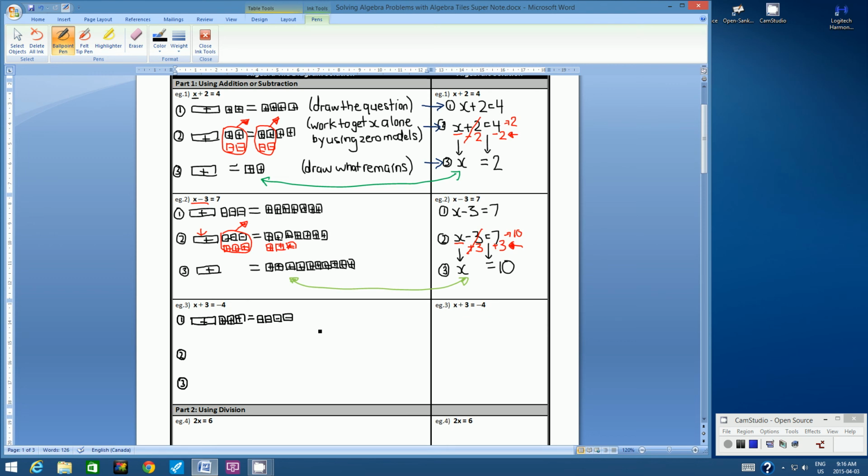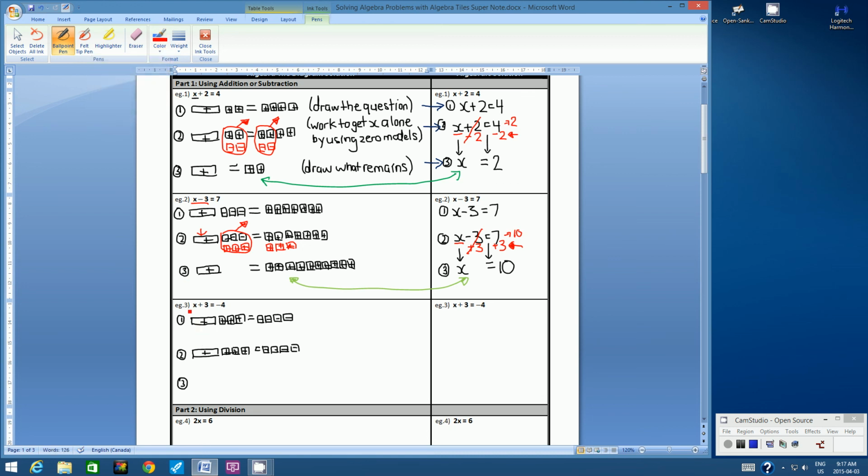Okay, step 1 for the tile diagram solution is we draw the question. We have x plus 3 equals negative 4. Step 2, we copy the question. And then we start asking ourselves those questions.